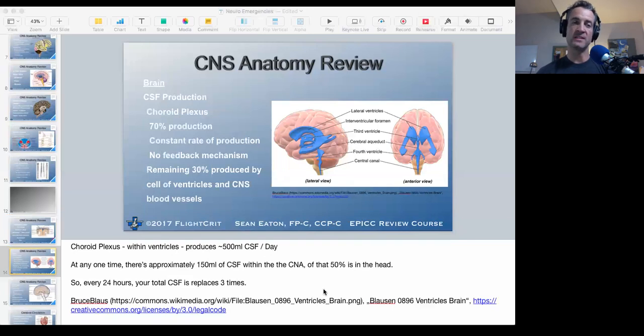The idea is to slowly drain the CSF off to bring the ICPs down, and then eventually, once the swelling has slowed, they'll reduce the rate at which the CSF is drained off to match the rate at which the CSF is produced, so that you're not allowing the ICP to spike again.